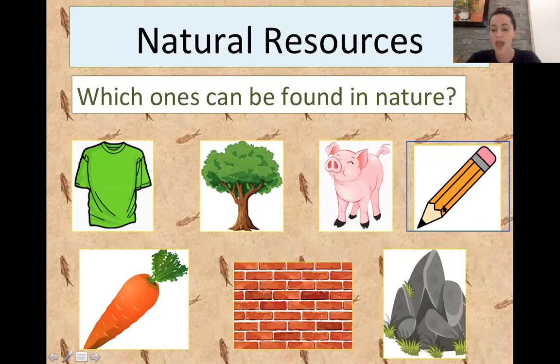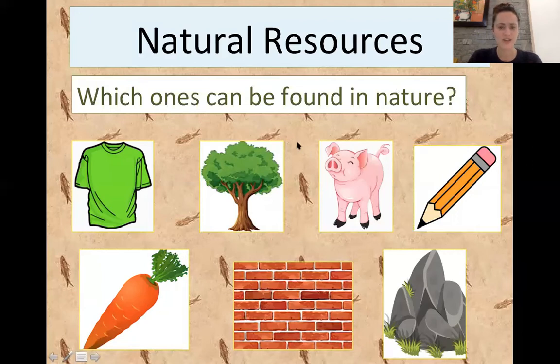So a pencil is not a natural resource, but we use natural resources like wood and metal and lead to make a pencil. Same with a t-shirt. The t-shirt's not a natural resource, but the cotton that we use to make a t-shirt is.